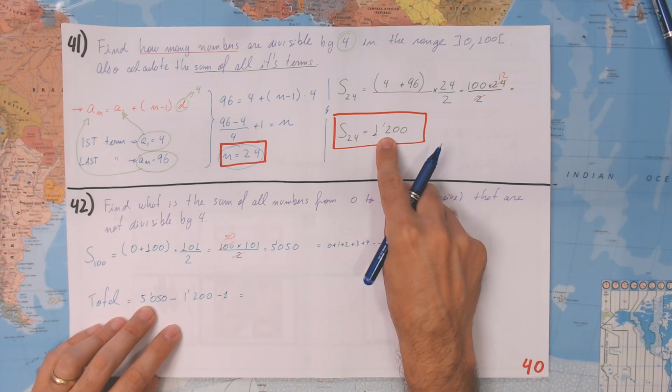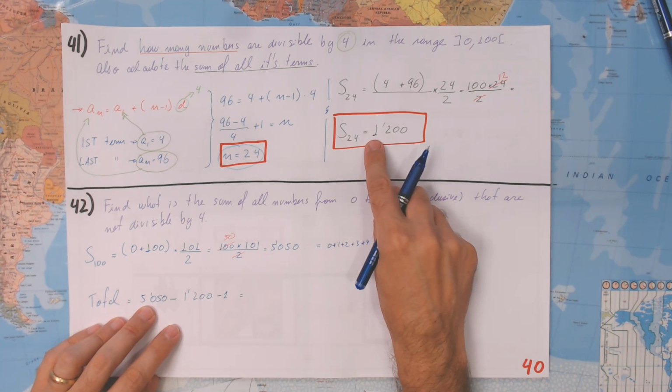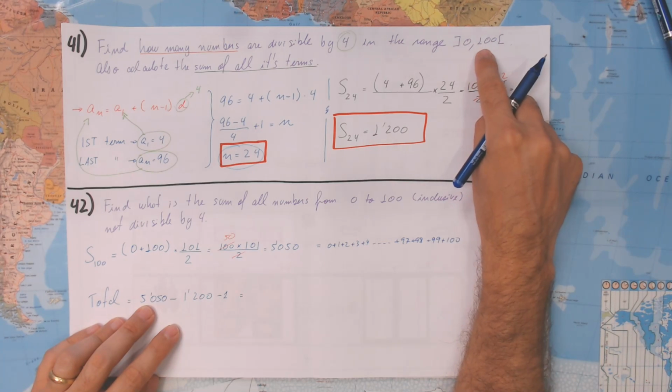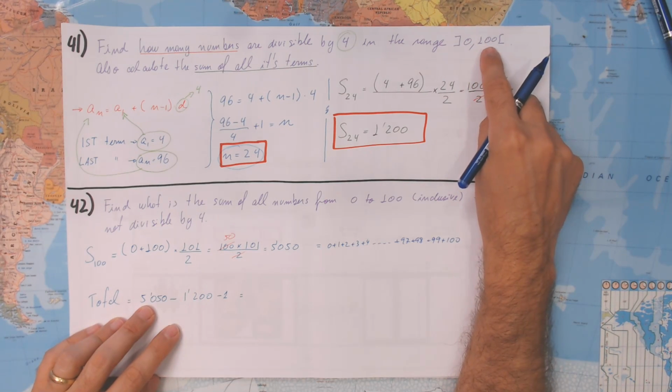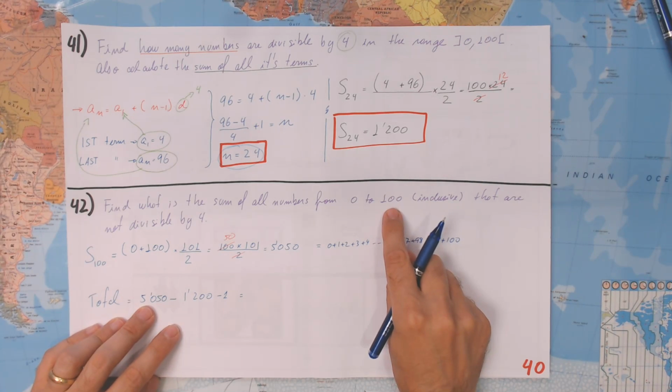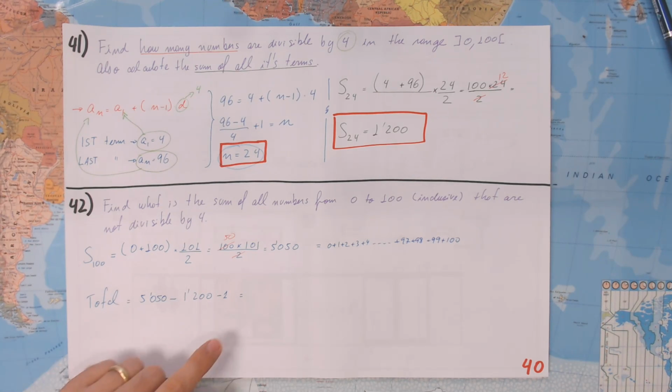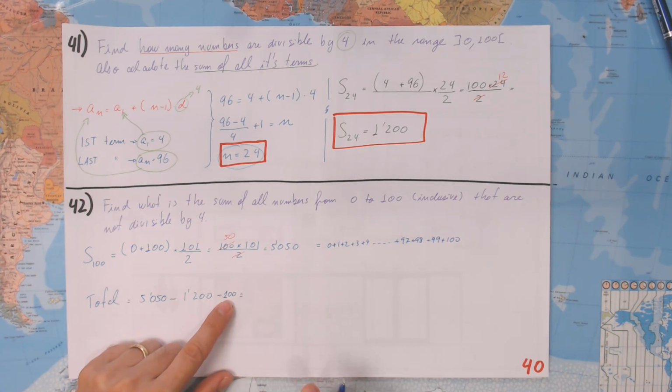We have to remove that summation, because that summation comes from numbers that are divisible by 4, but it is within the range up to 100, not including 100, but now we are including 100, and 100 cannot be counted, so actually we have to remove 100, right? It is kind of tricky. Not 1, we have to remove 100, because the number 100 is not supposed to be counted there.